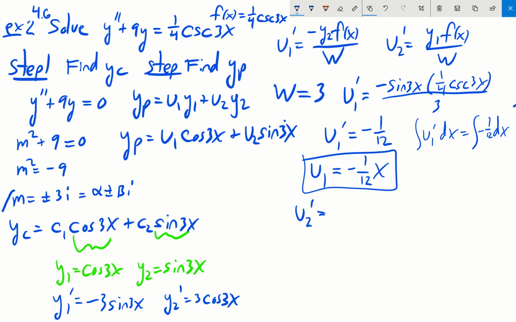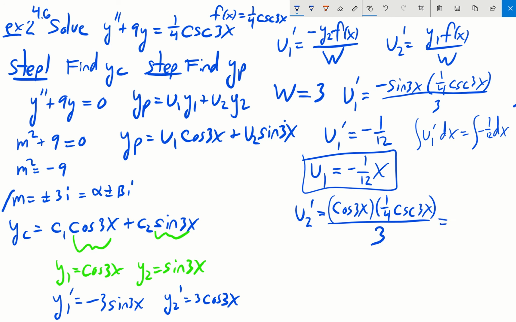Let's go ahead and solve for u2. So u2 prime is equal to y1. y1 from over here is the cosine of 3x, times f of x, which is 1/4 cosecant 3x, all divided by the Wronskian W, which we said had the value 3.